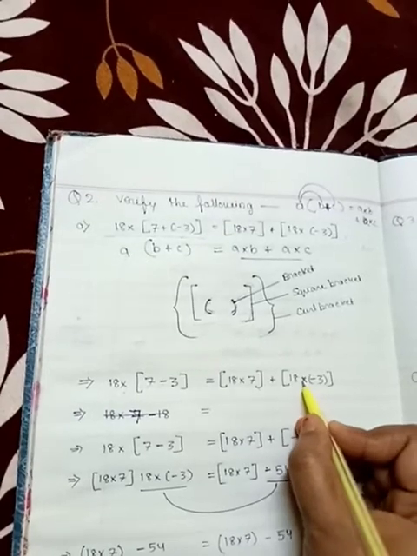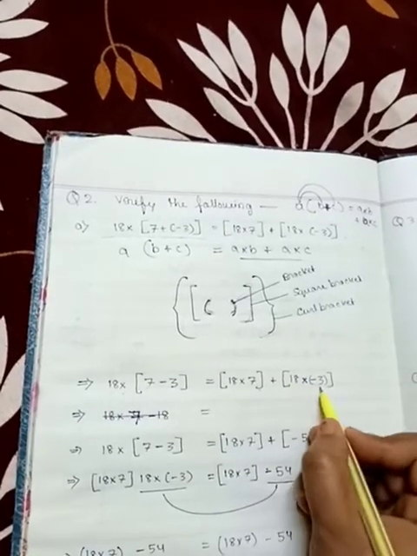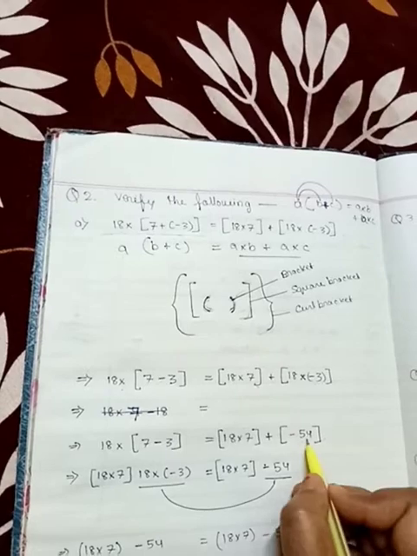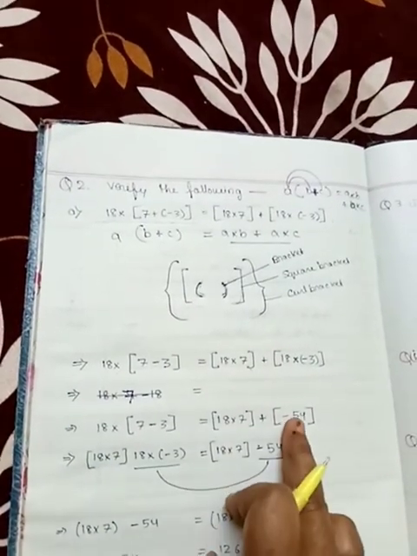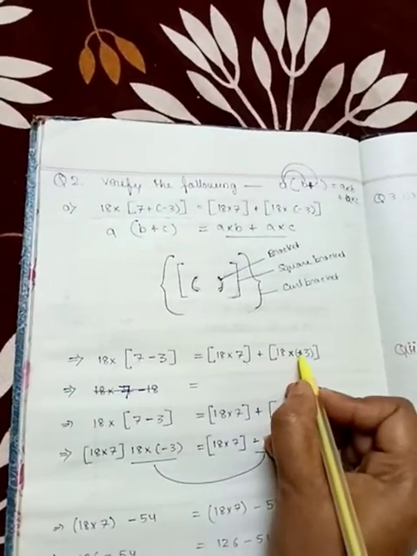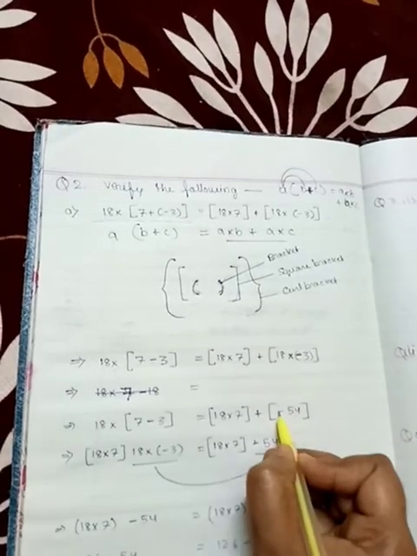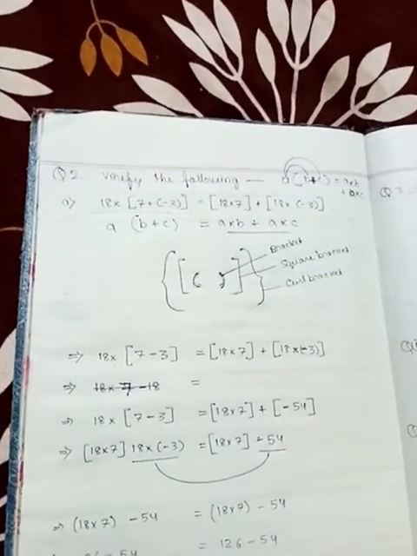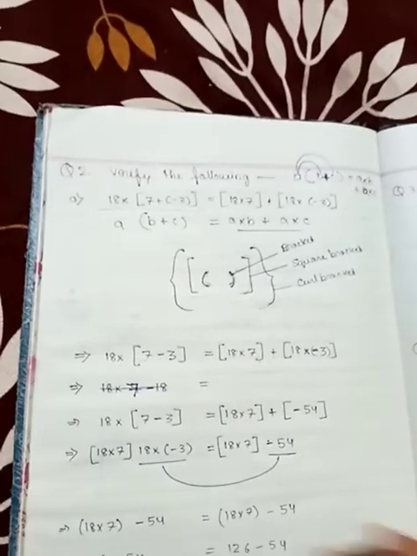It is in multiplication side, so 18 into 3, that is 54. We got 54 here, and this minus, we put here the negative sign as subtraction. Understood?